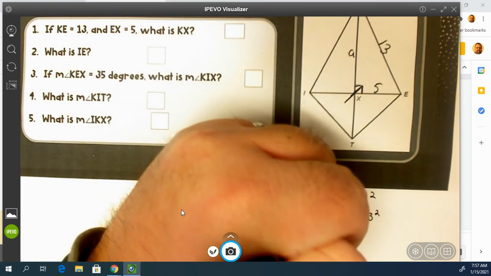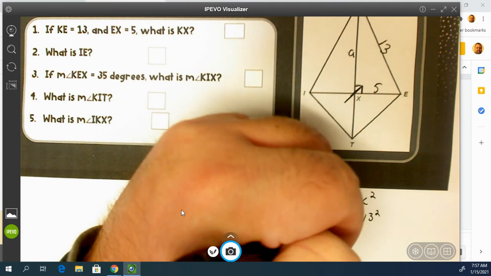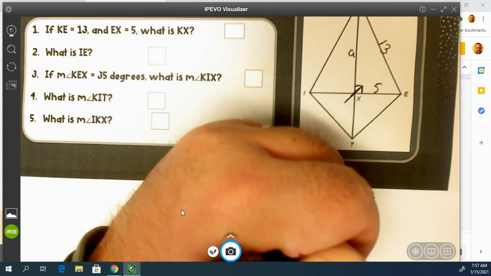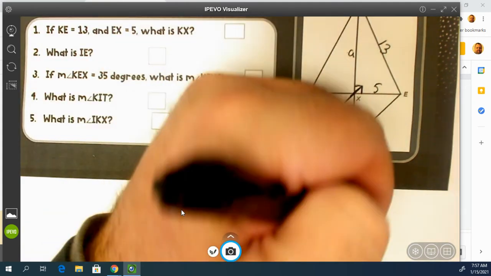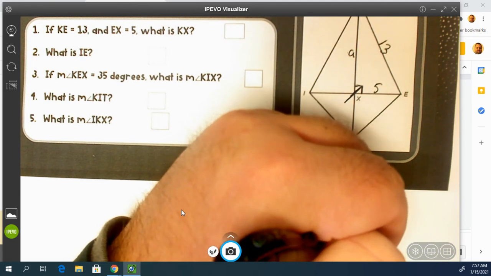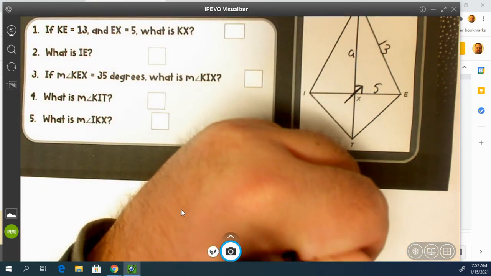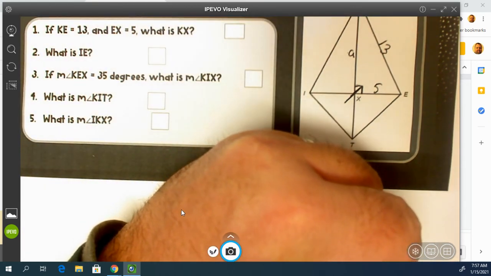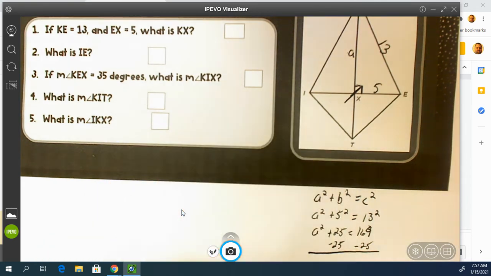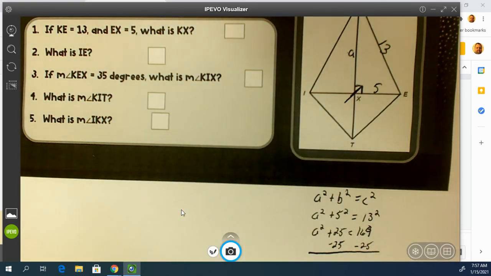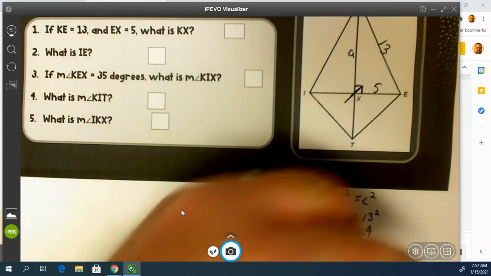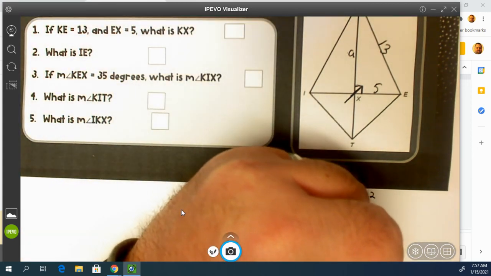So squared means 5 times 5, and 13 times 13. So we treat this just like we would an equation. So I'm going to subtract 25 from both sides. So 169 minus 25, a squared equals 144.